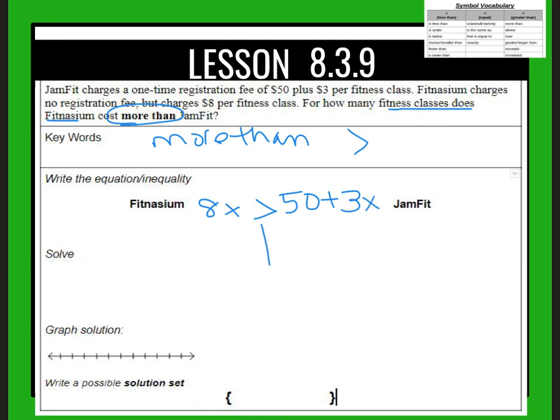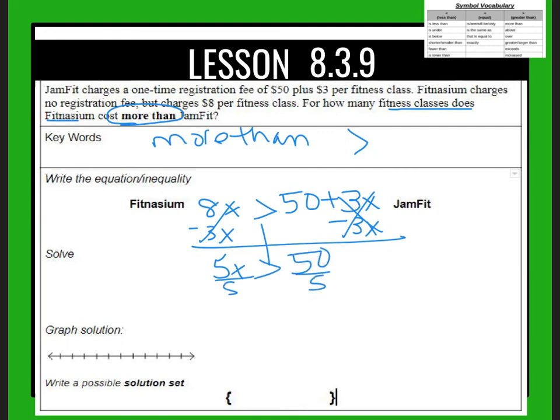The solving would be the same. That is not going to change. I divide by 5 on both sides. Now it says my classes have to be greater than 10. For how many fitness classes does Fitnasium cost more?